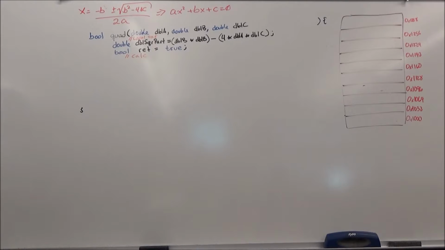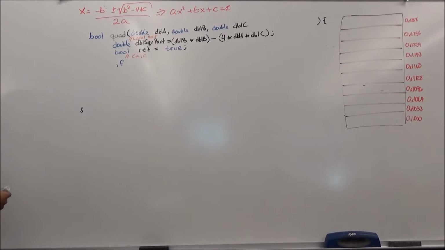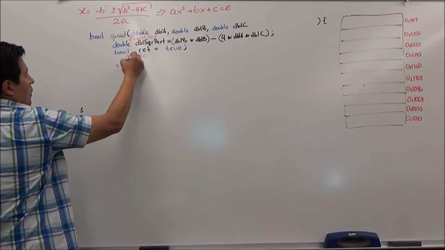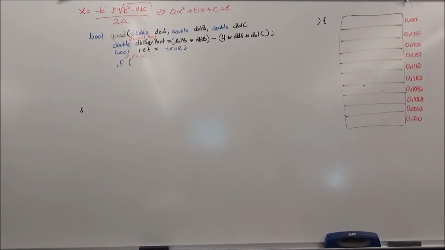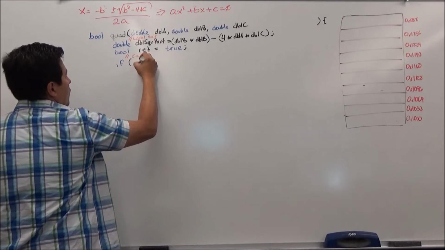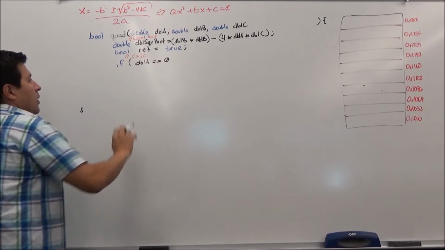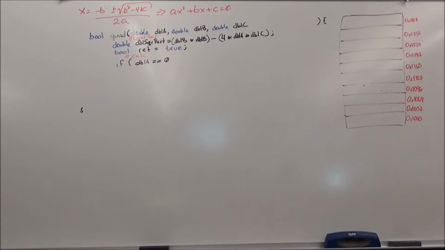I need an if statement. You know how to do if statements now. The if statement says if a equals 0, that's a condition to fail. What's the other condition? Do I use an and or an or? Or.